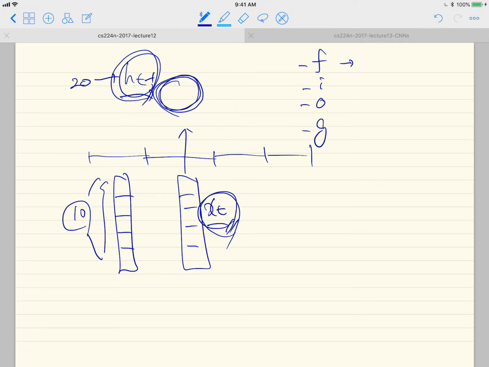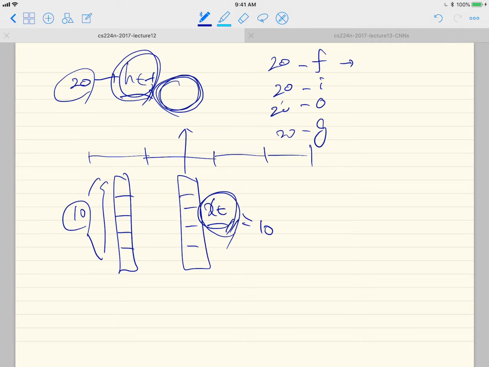What is the dimension of IFOG? So we have a 10-dimensional input vector, and the hidden state vector is 20. Although we haven't specified the dimension of the cell, we usually use the same dimensional cell vector as the hidden state vector. So it can be viewed as a 20-dimensional vector, right?